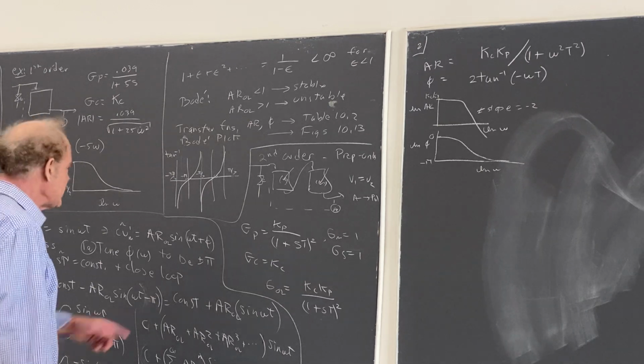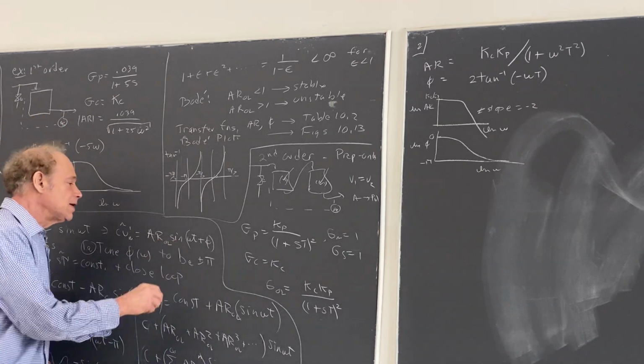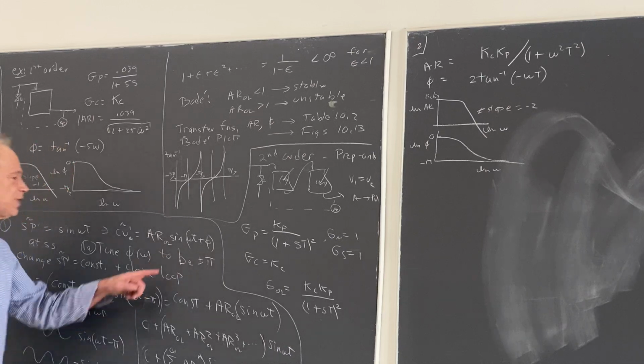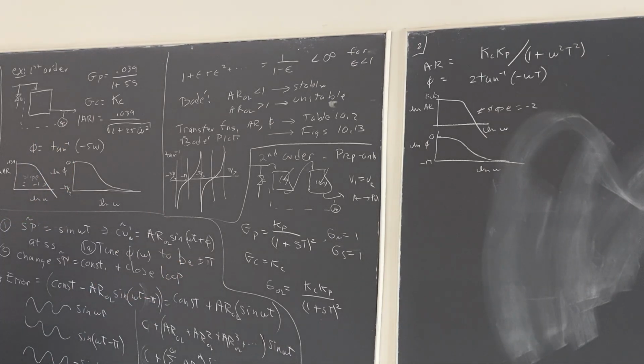So again, I can't do my tuning to get to minus pi. Since I can never get to minus pi, I can never get the feedback to be additive. Remember, the additive feedback, positive feedback, is the worst case when they add. If they're not exactly in phase, then they're going to start canceling.